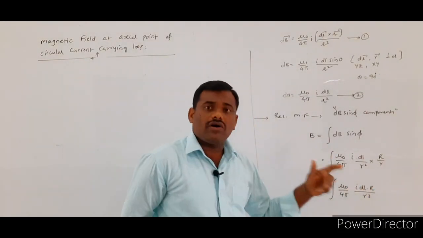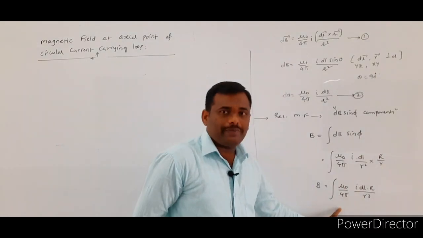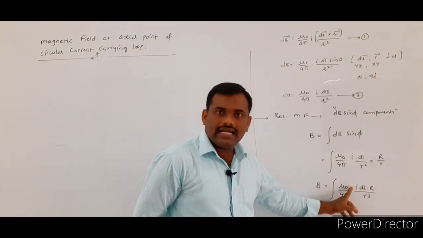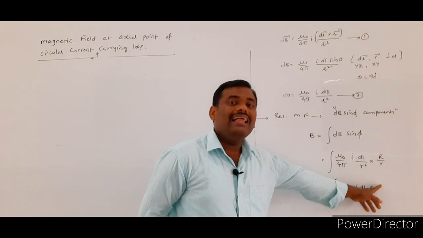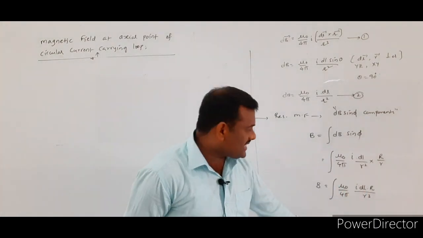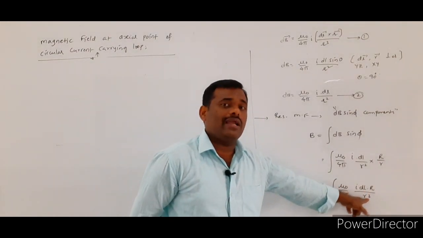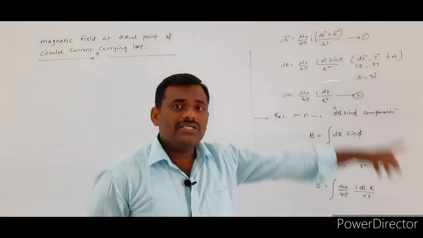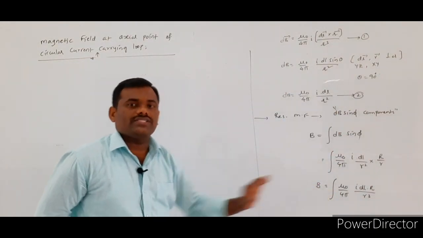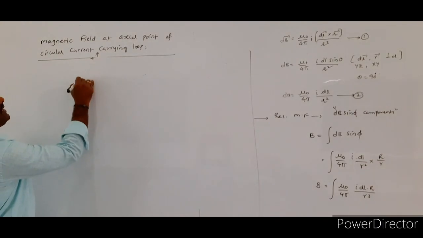Here, what are the constant factors? Mu naught by 4 pi is a constant. I, the current value, will be constant. R, the radius of the loop, will be constant. Small r, what is small r? The hypotenuse length, so that value is also constant. Therefore, write the constant terms outside.